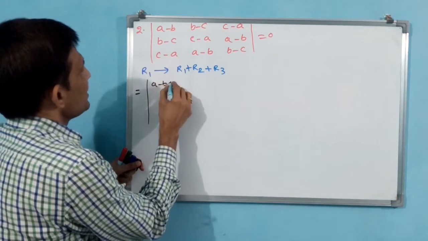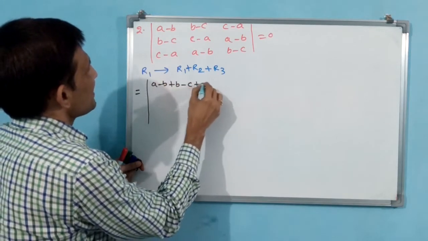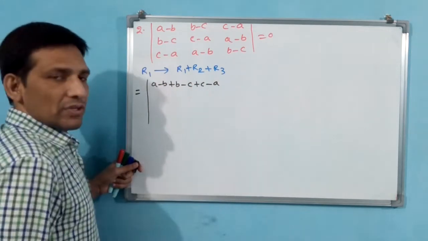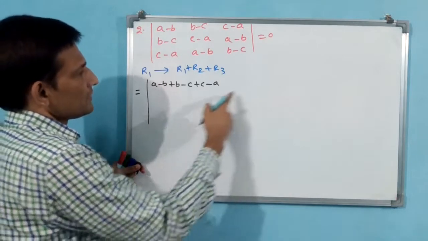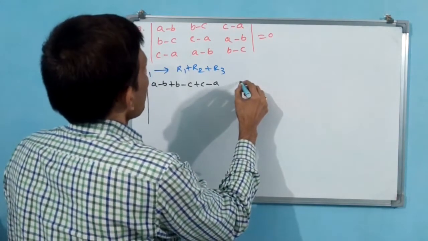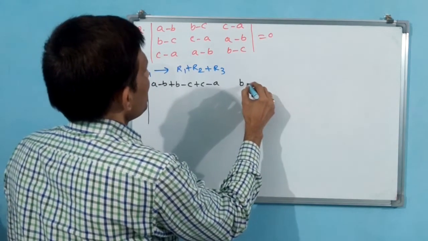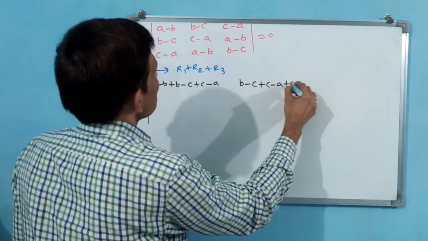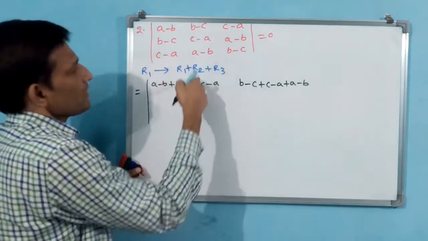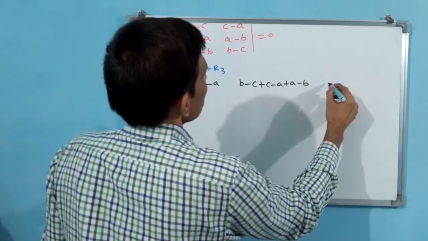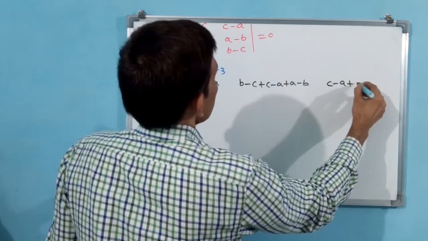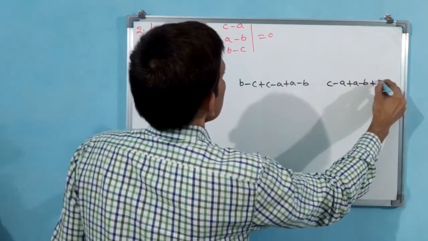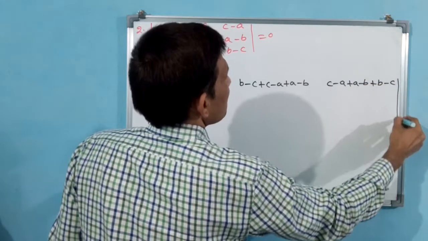A minus B plus B minus C plus C minus A. Is it okay? Here also you see B minus C plus C minus A plus A minus B. All I have added. Here also you see C minus A plus A minus B plus B minus C. Is it okay?